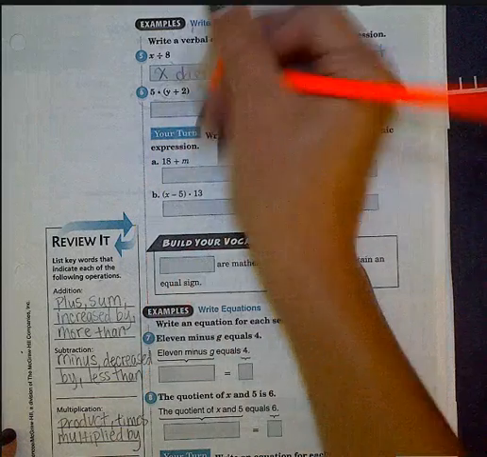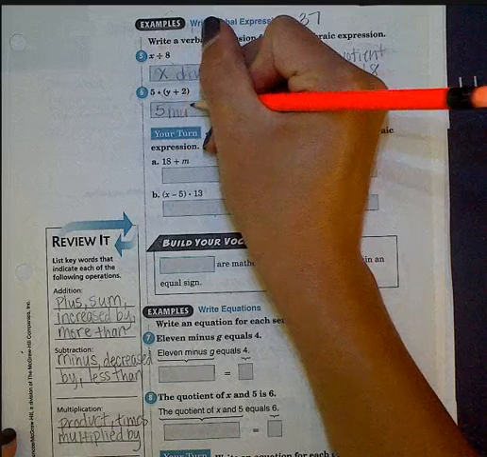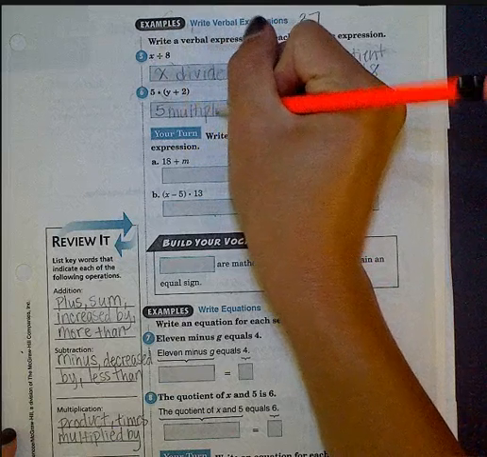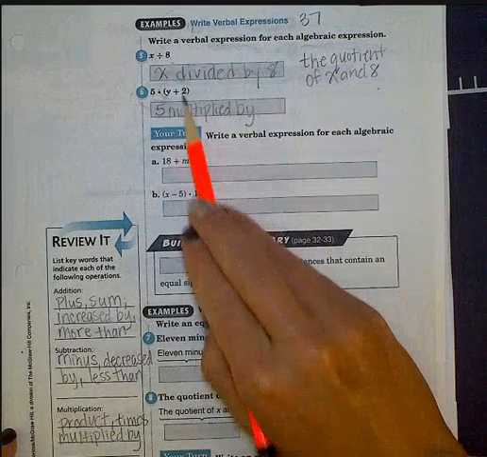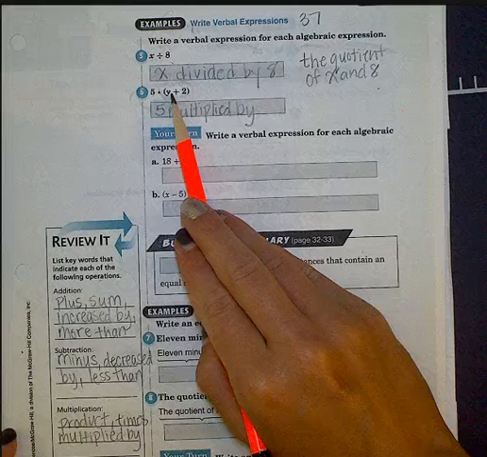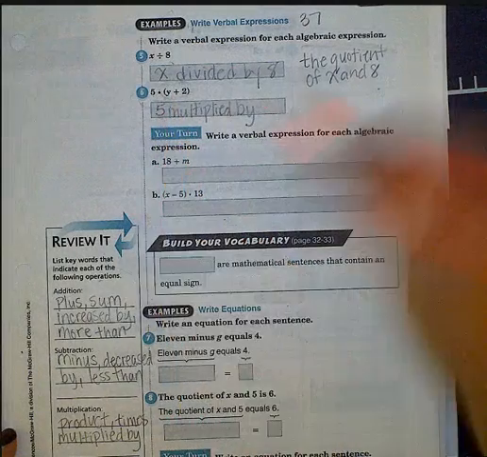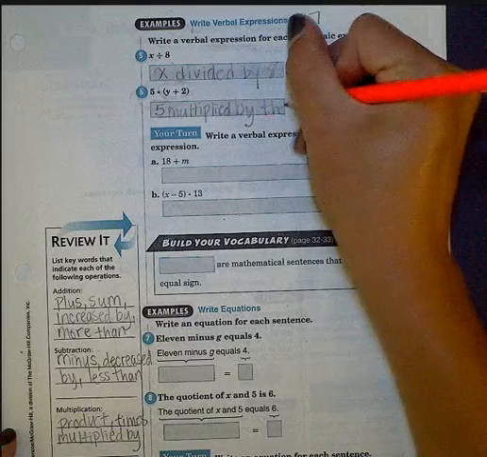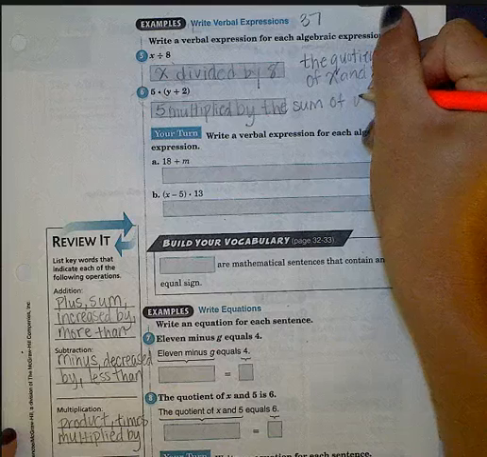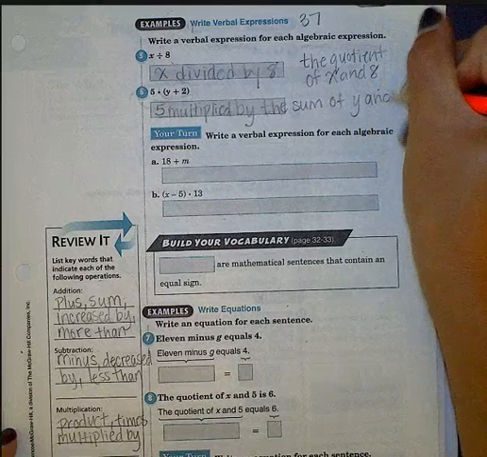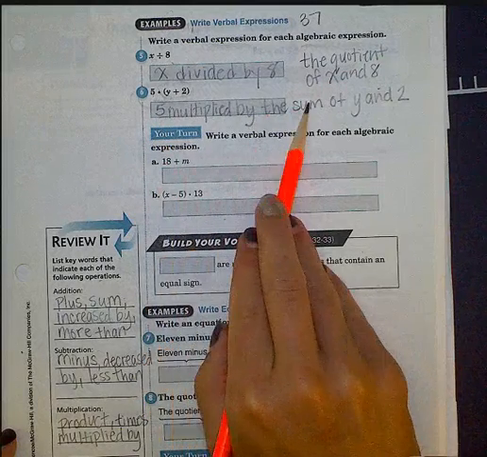So, watch how I write this. You're going to write 5 multiplied by, and now we want to take the sum of y plus 2 first, then multiply that by 5. So we're going to say multiplied by the sum of y and 2. 5 multiplied by the sum of y and 2.